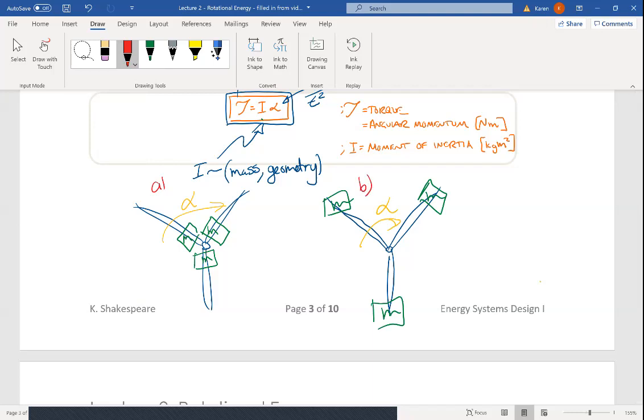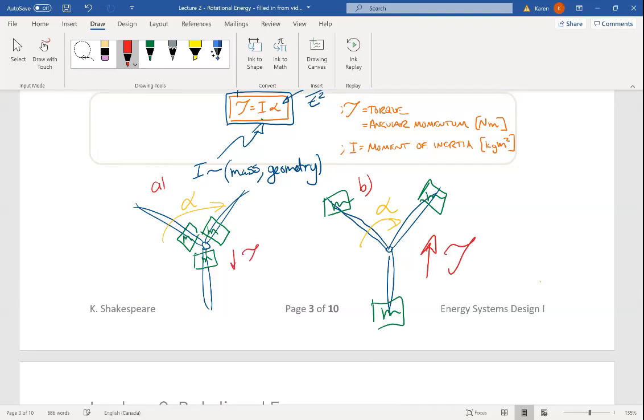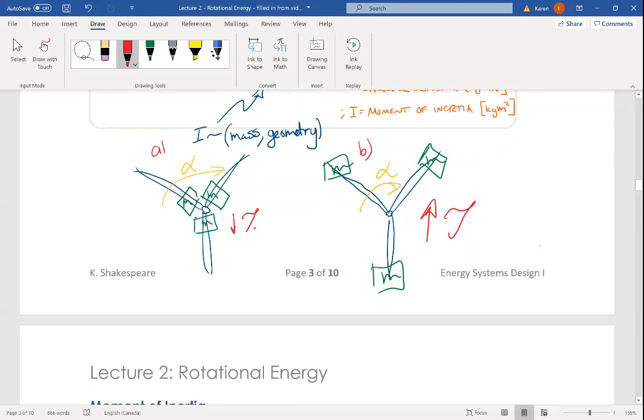It's going to take a lot more torque to slow down this wind turbine than it would for this one. So again, they have the same mass, the same angular acceleration, but the mass is distributed in a different location with respect to the center of rotation.